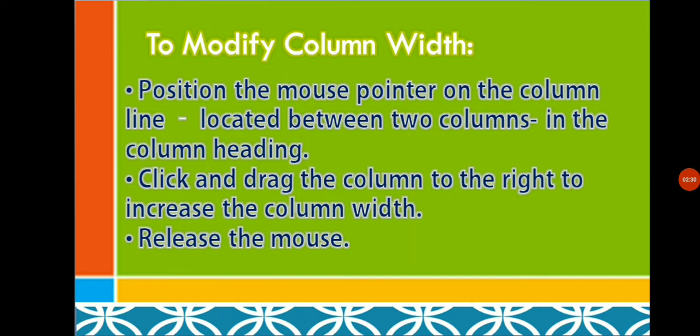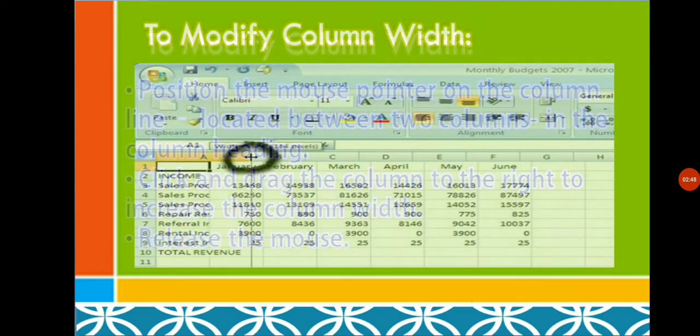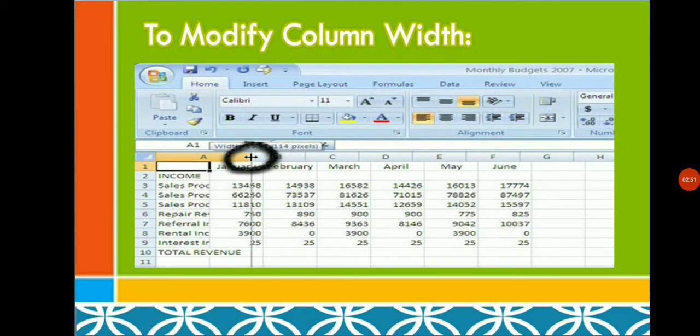Click and drag the column to the right to increase the column width or to the left to decrease the column width. Release the mouse and the column width will change in your spreadsheet. And this is the example of modify column width.